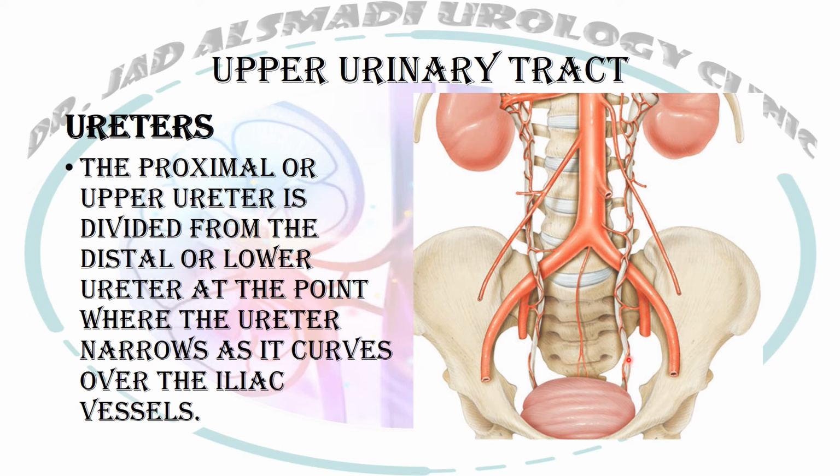This classification will help us to classify conditions like stones, because ureteroscopy is easier before reaching the crossing of the vessels. So in the classification of upper ureter and lower ureter only, ureteroscopy in the lower ureter is easier.